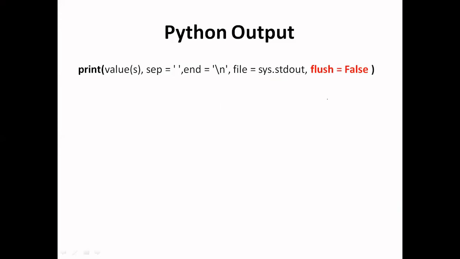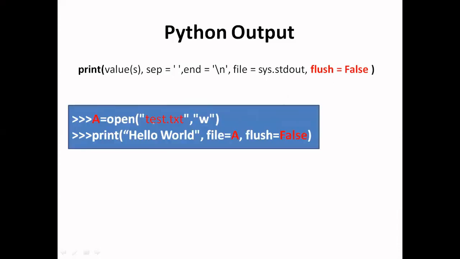Let's take an example for understanding this flush. First I have taken a text file whose name is test, and this file is pointed to by this file object a, and first this file will be created in memory. After this I have written print hello world, and I have set file equals to a. That means this string will be sent for writing into this file, and I have set flush equals to false.